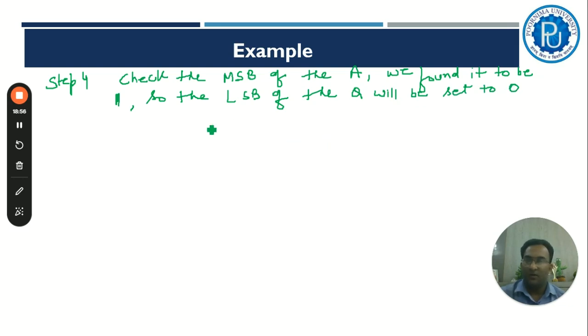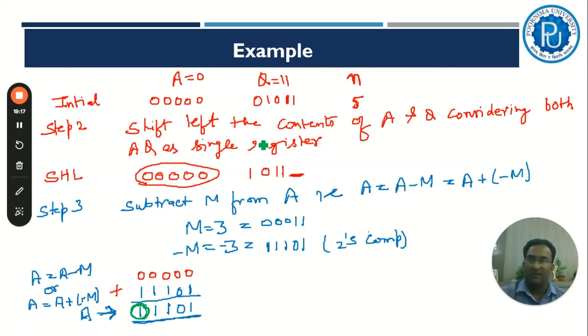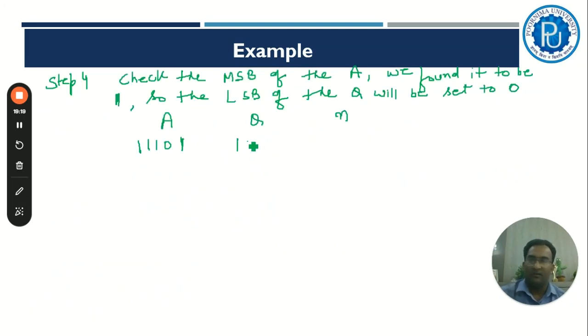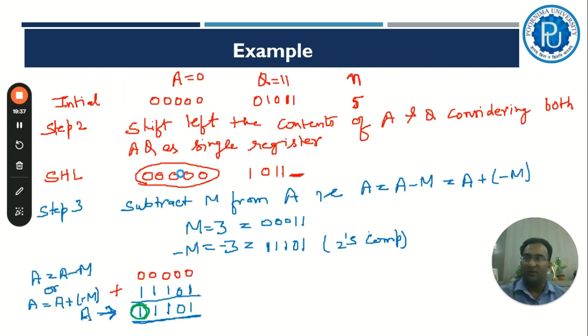Okay, so we are going to have this thing, accumulator, Q and N. Okay, so accumulator value is, after doing the subtraction, 11101, and the value of Q register is 101011, and now we are going to introduce 0 to the LSB of the Q there. Okay, this is the whole step number 3 there.